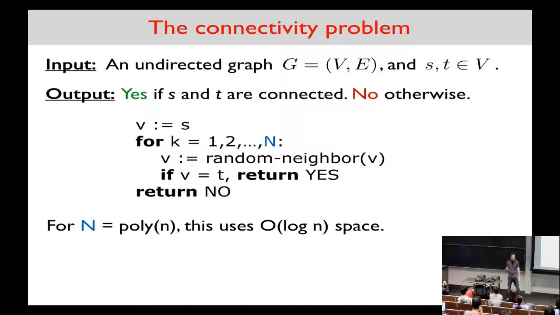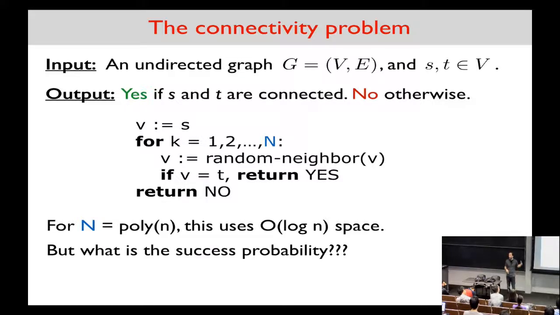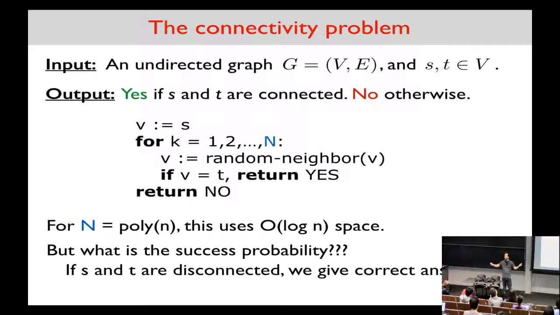This is log space. But what about the success probability? The success probability has to be reasonably good so that we can say that we have a good randomized algorithm. So what is the success probability? First of all, notice that if S and T are not connected, if they're disconnected, then our algorithm always gives the correct answer, no problem.